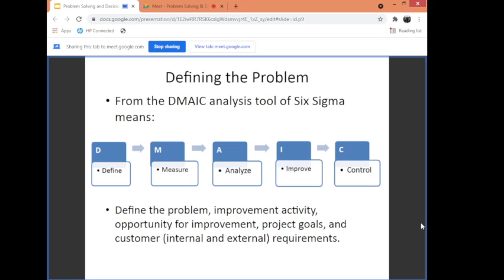Then measure the problem. You could do a laboratory test. You could do many things. You can do measurement like KPI, key performance metrics. Analyze using tools, total quality management tools. Then improve.